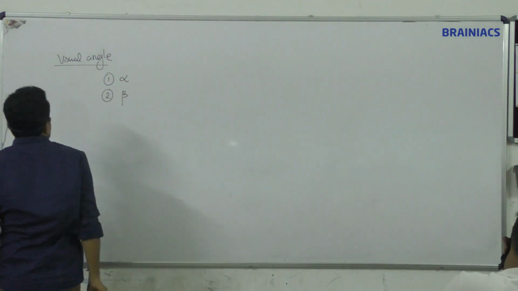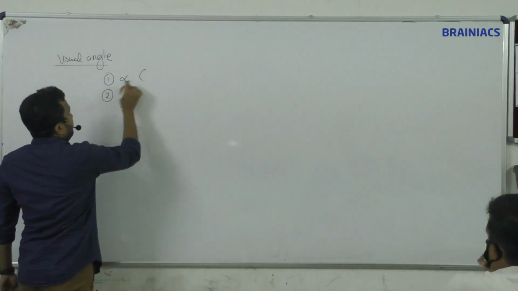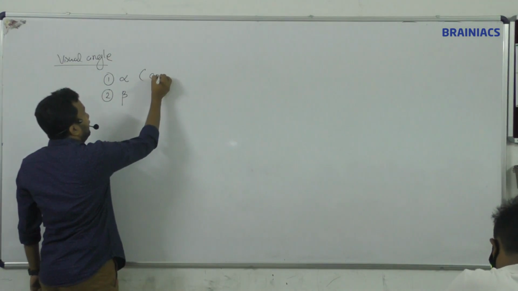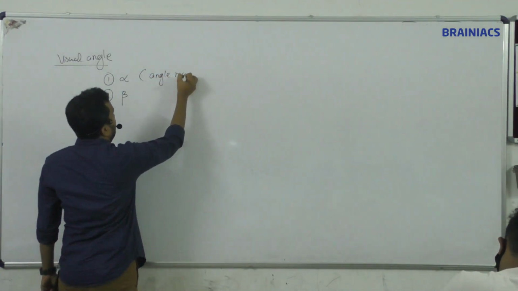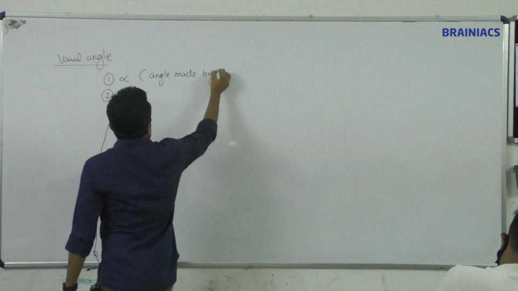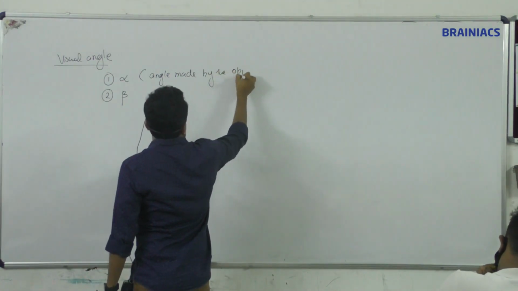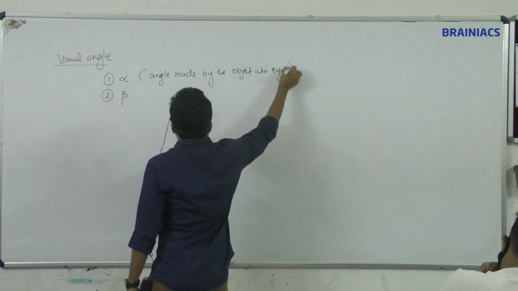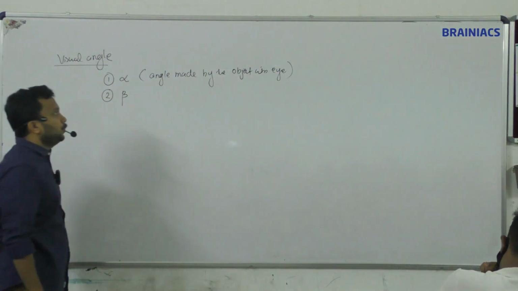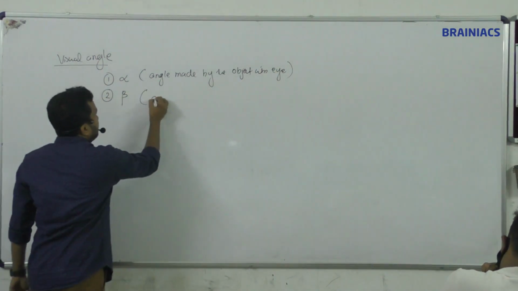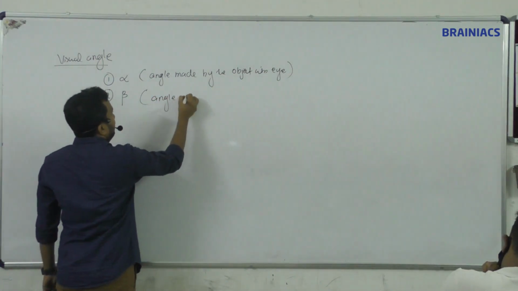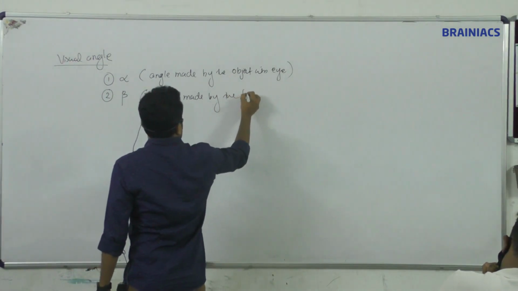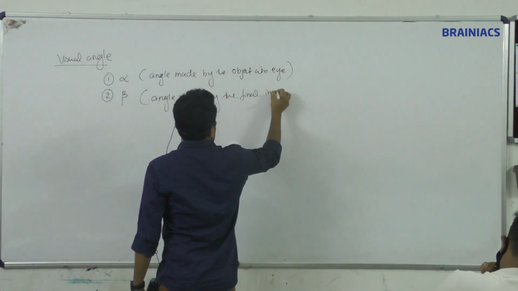We'll understand. Alpha, in the bracket, is the angle made by the object with the eye. Beta means the angle made by the final image with the eye.